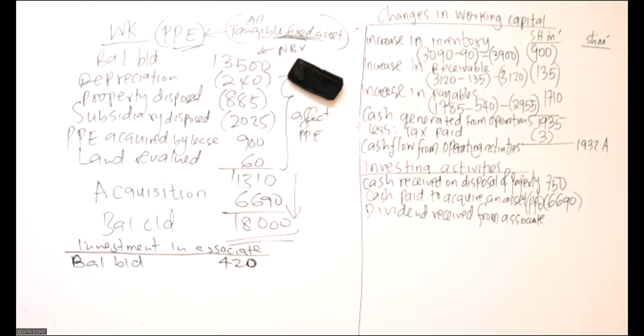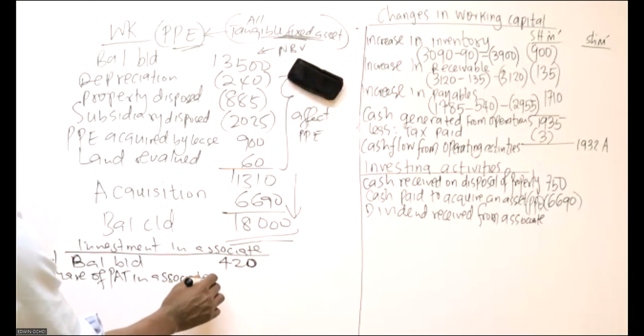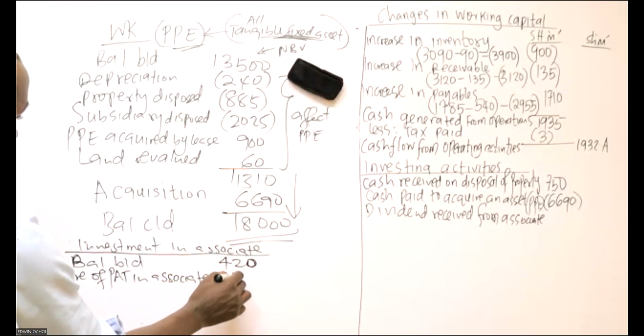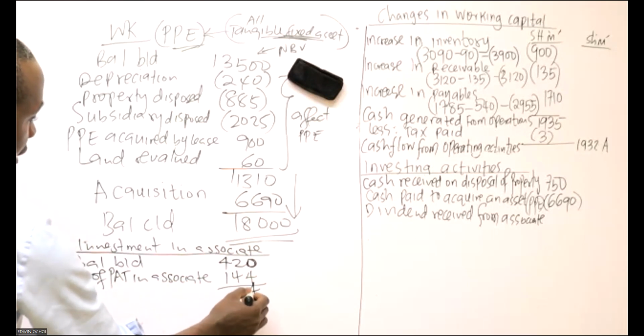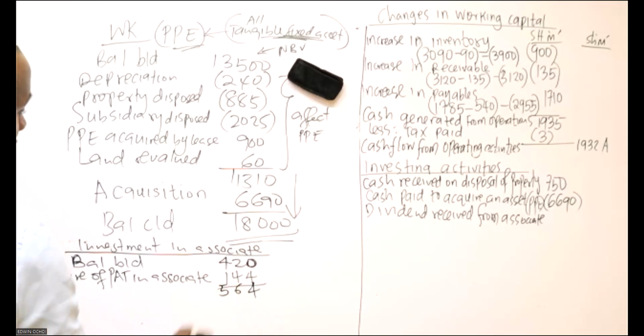Then there's an income the parent received from this associate, the one they call share of profit after tax in associate, from the income statement. The parent had received already 144 as income. So this investment, for now, stands at 564.